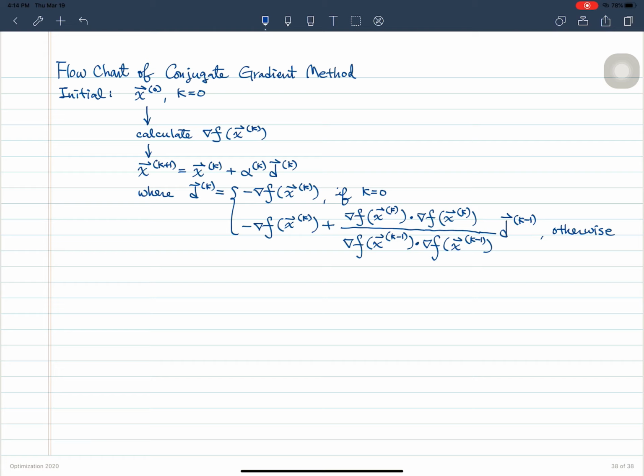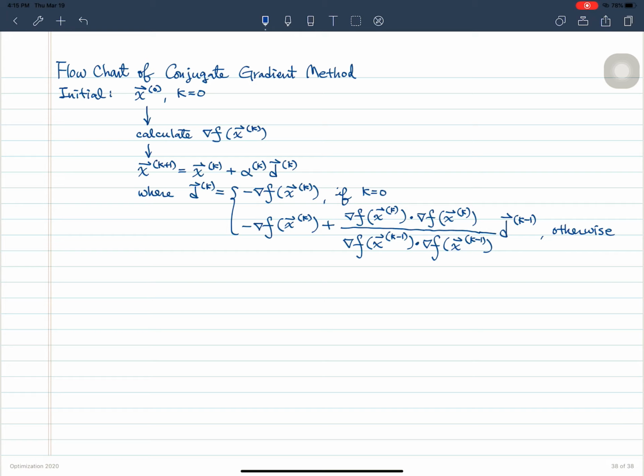When k is larger, we not only use the negative gradient, we also need to update the direction. And the direction is based on the previous direction. And what's the multiplier in front? It's some value that was derived in the past.